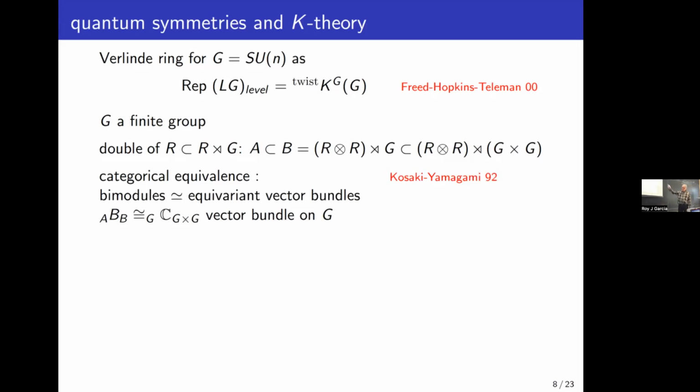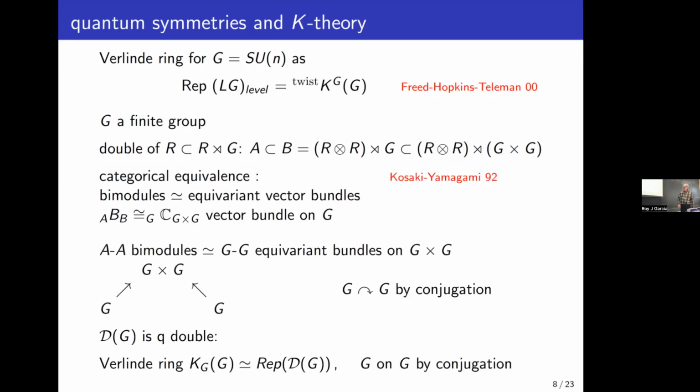So this is due to Kosaki and Yamagami. So in this way, all the bimodules look like equivariant bundles over G cross G, and in particular the AA ones are the ones which are equivariant with G on the left and G on the right, both acting diagonally. Right, so the picture for the quantum double is G cross G, G on the left, G on the right, diagonal.